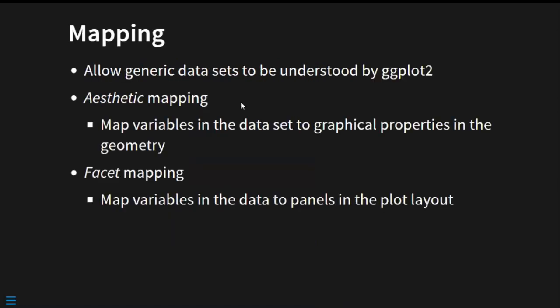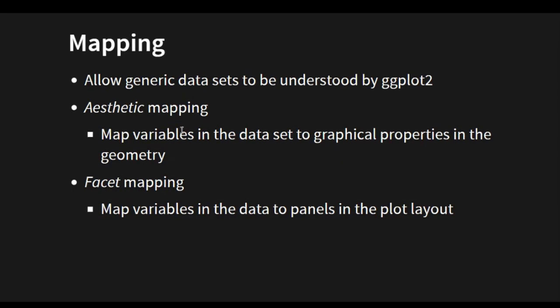All right. So once we have the data, we then map the data so that it's understood by ggplot. And we have 2 things that we can map. We can map what's called aesthetics. So that is basically mapping variables in the data set to the graphical properties in the geometry or in the plot, right?